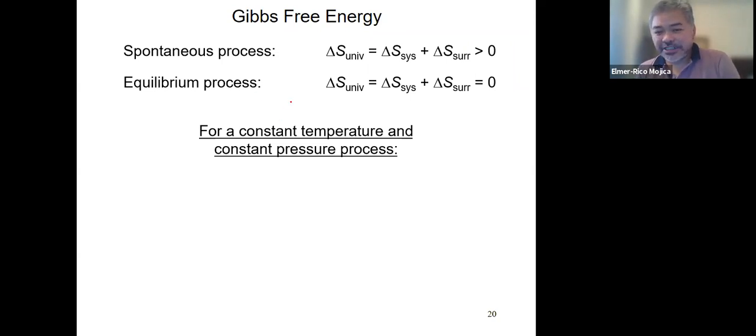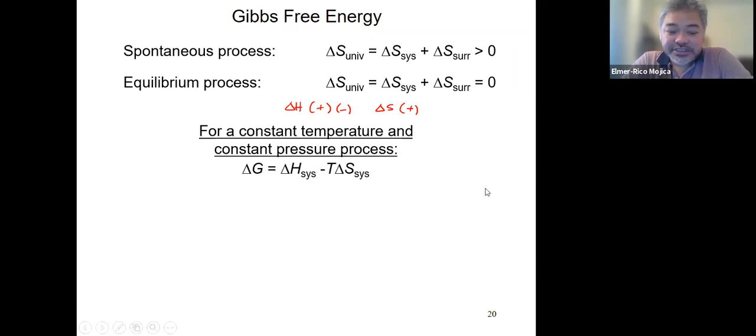So what did we say earlier? Delta H, positive or negative, can be spontaneous, but delta S, for it to be spontaneous, is always positive. Now there is a relationship that leads us to delta G, and this is this one. So if we have initially the Big Mama equation, I call this the granddaddy equation.